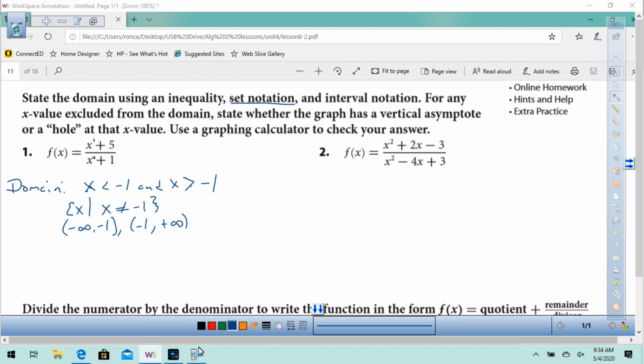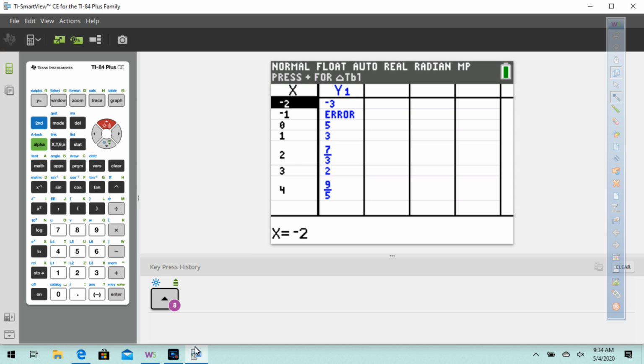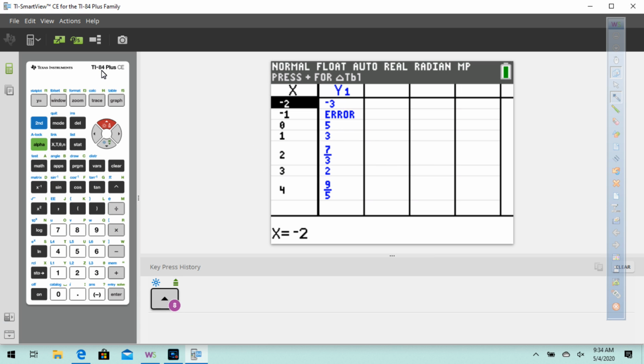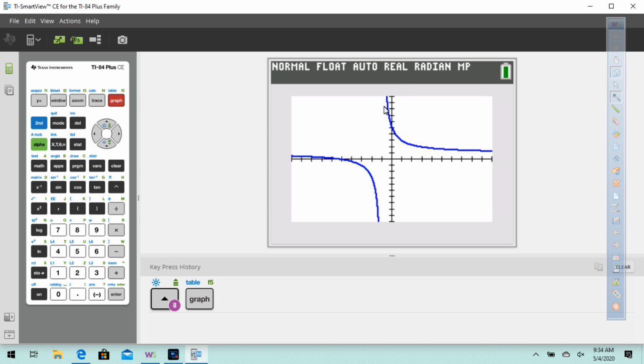That's why you get the message error. And if you look at the graph, it does not touch -1 at all. So we have a vertical asymptote.